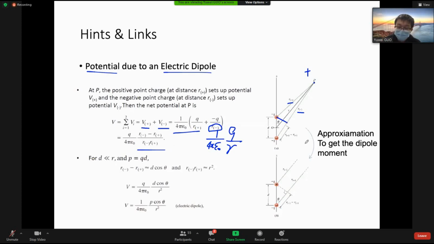So we can simplify the expression. If D is much smaller than R, we can use this difference as D times cosine theta, because the other things can be eliminated since they are the same distance, and the only difference is D times cosine theta.